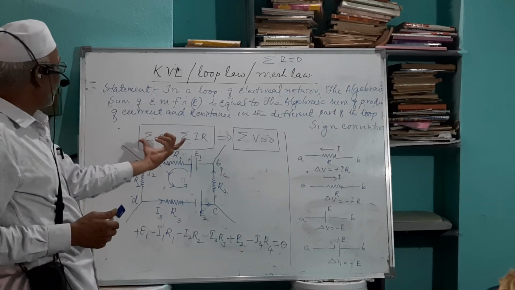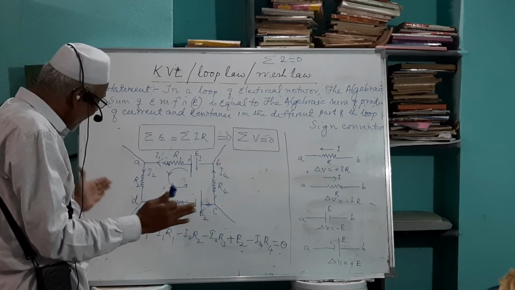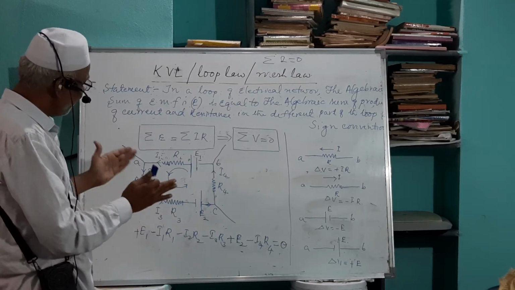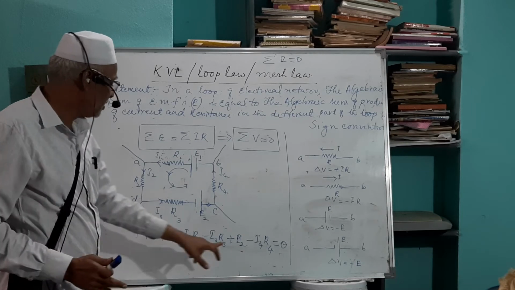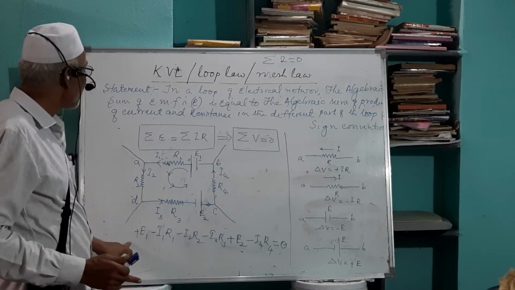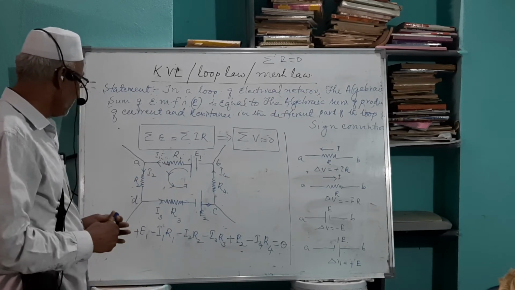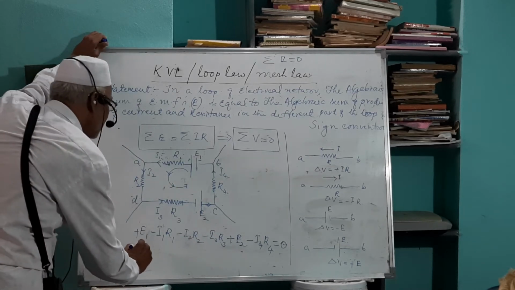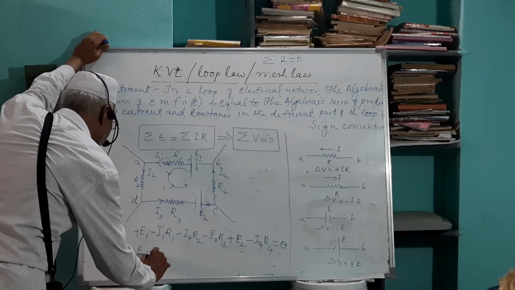Now this expression can also be rewritten in this form. You can arrange this expression in this format also. You have to add up the EMFs of the different parts of the loop. This is one cell, this is another cell, going from lower potential to higher potential, so you can write E1 plus E2.